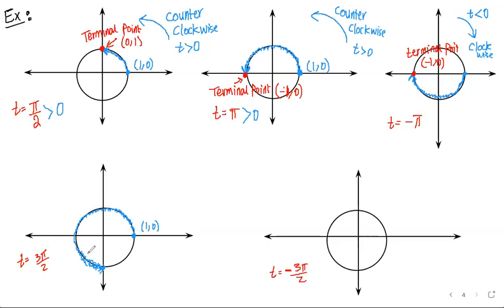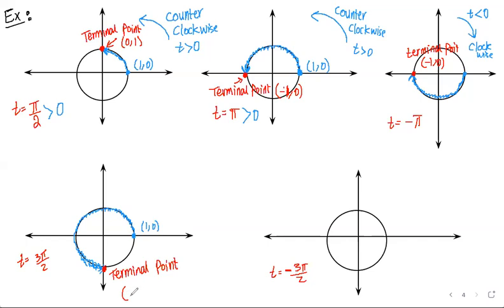This distance is 3 pi over 2. What is my terminal point?